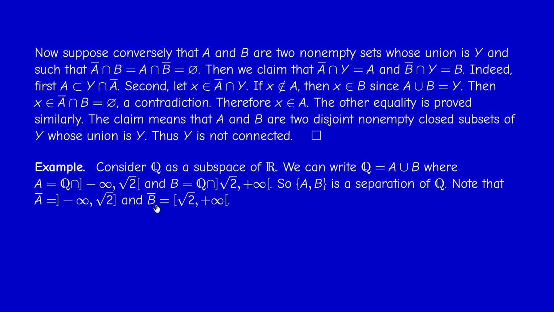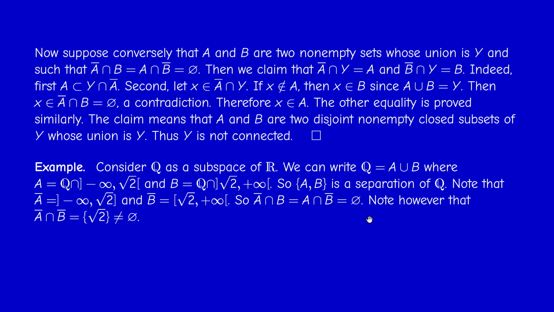And the closure of B in R is the closed interval from radical 2 to plus infinity. But of course, the closure of A in Q is simply A, because A is closed in Q, because B is open in Q. So A bar intersected with B is empty, and A intersected with B bar is empty. However, the intersection of A bar and B bar is radical 2, and this is not empty.